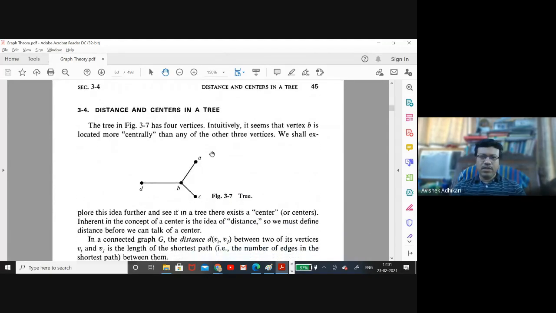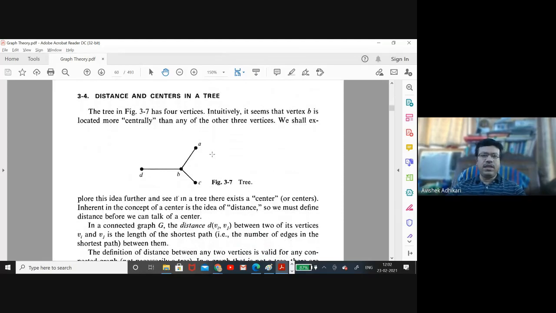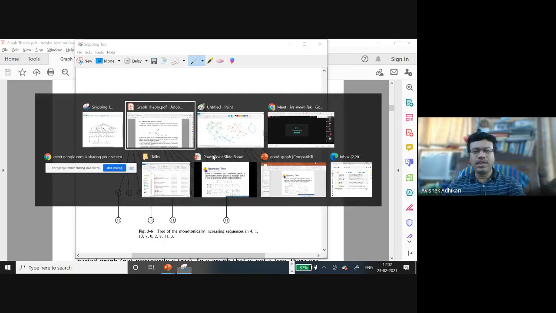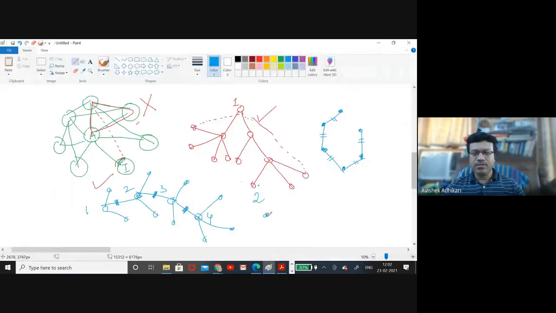Now let us look at distance and centers in a tree. These are very important while measuring something. Distance in graph theory does not mean what you would measure by a scale.